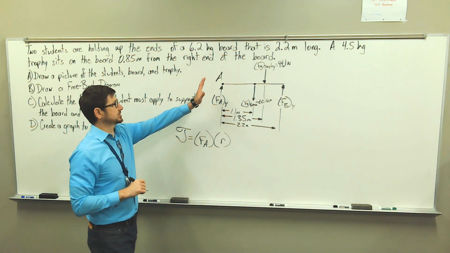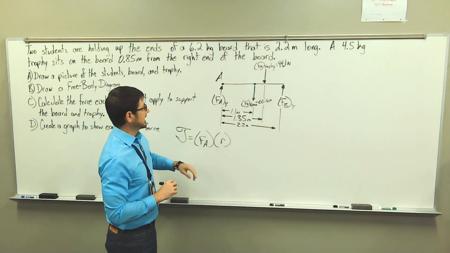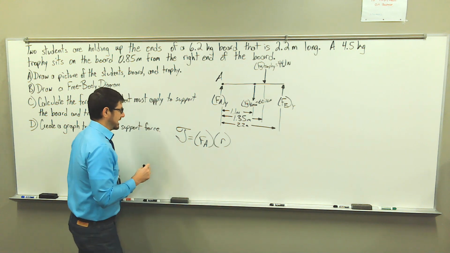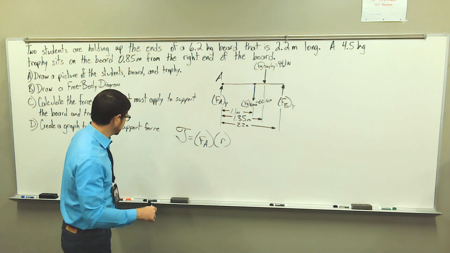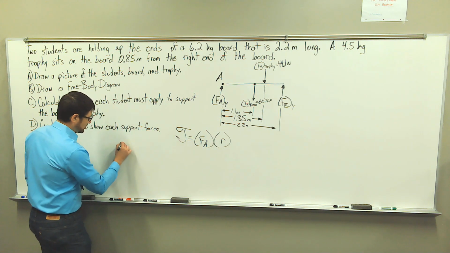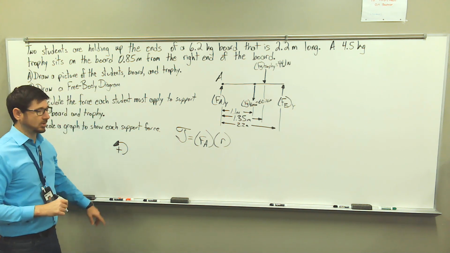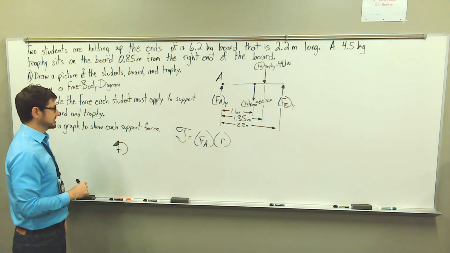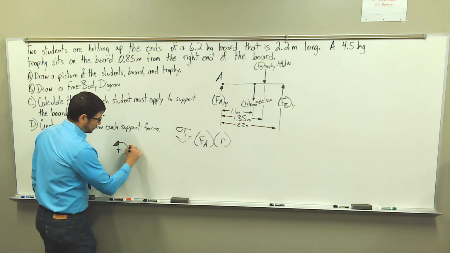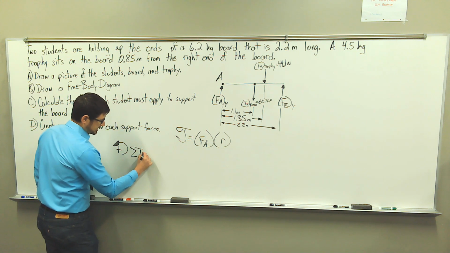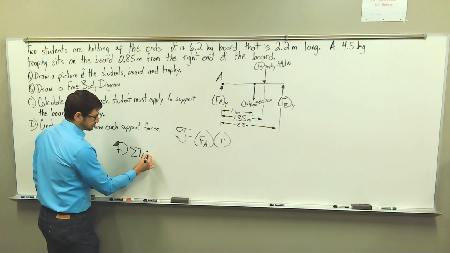So we're going to start at point A, and we know that a counterclockwise rotation is positive, so let's go ahead and set up our coordinate system. Say counterclockwise is a positive rotation, and we are going to sum the torques about point A.